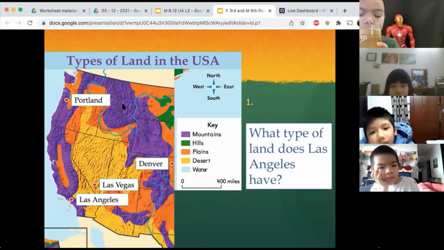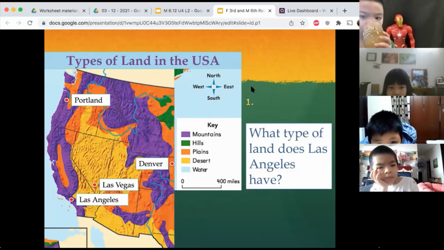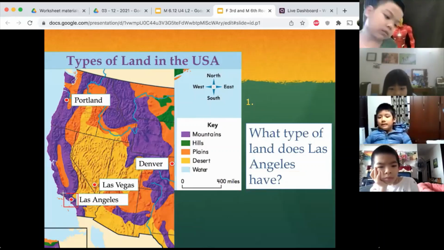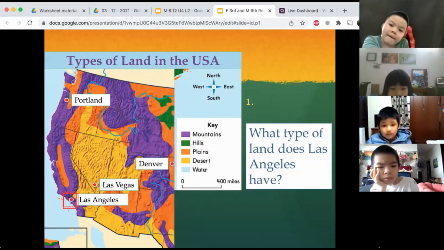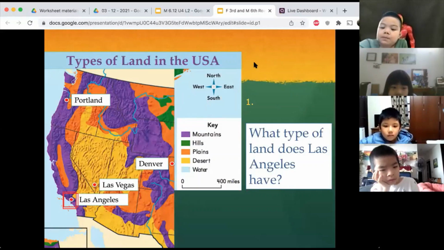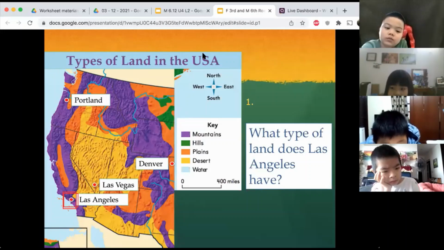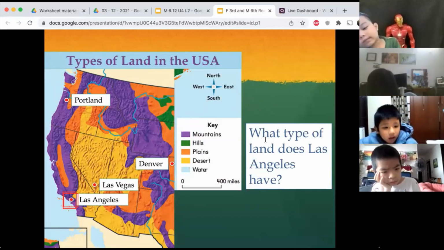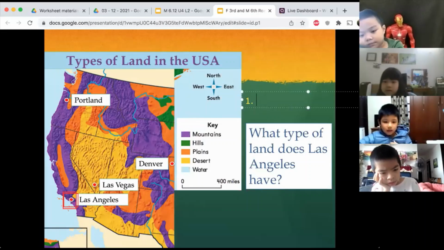Daisy, Portland is a city. I'm asking for the type of land in Los Angeles. Here is Los Angeles. Leanne, can you tell me the type of land in Los Angeles? Mountains.